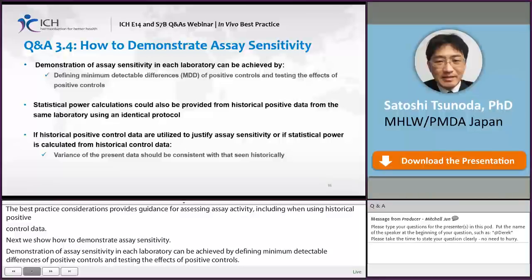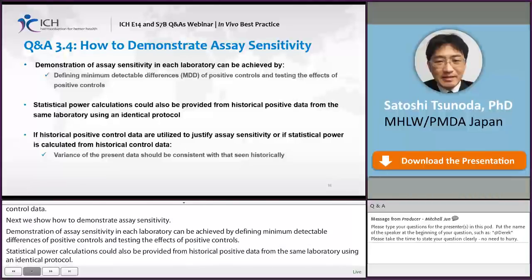If historical positive control data are utilized to justify assay sensitivity, or if statistical power is calculated from the historical positive data, the variance of the present data should be consistent with that seen historically.